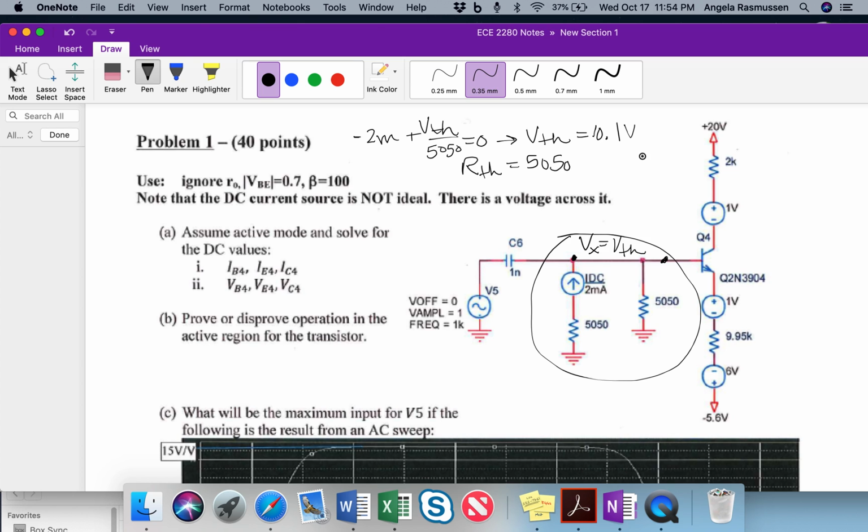So now my circuit is going to look like this. It's 10.1 volts, plus to minus compared to ground, with 50/50, and IB is going to go through it here. And then I also have a 0.7 volt drop at this location.